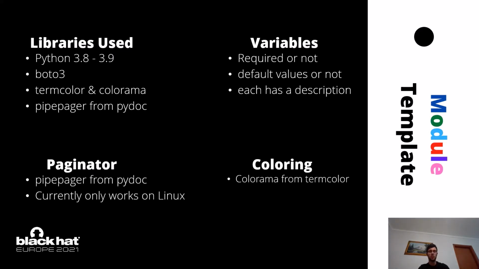It uses termcolor for the design and PyPager for pagination, because there are some cases where you would have quite a lot of information, so you would need the pagination. The variables or the options of all the modules can be required or not.